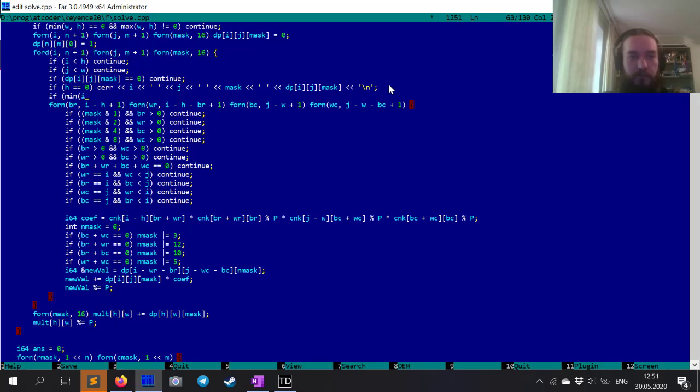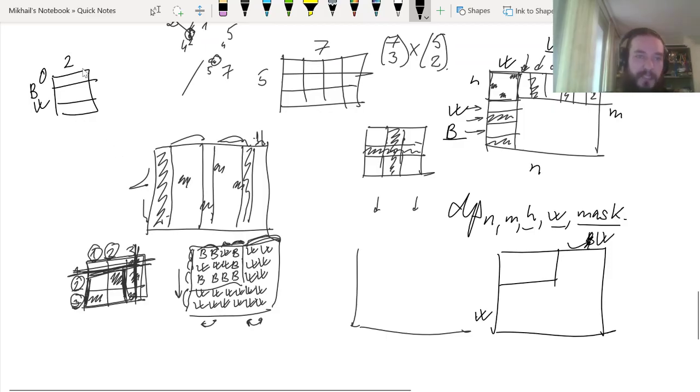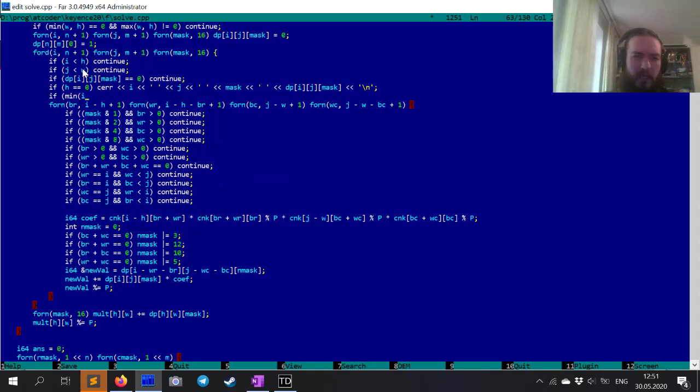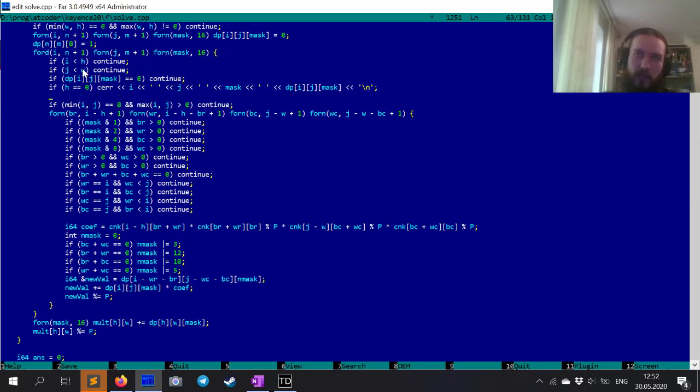First of all, let's make this a legitimate state, except we cannot make any transitions from it because we have erased everything. However, we are still going to add this to the answer.